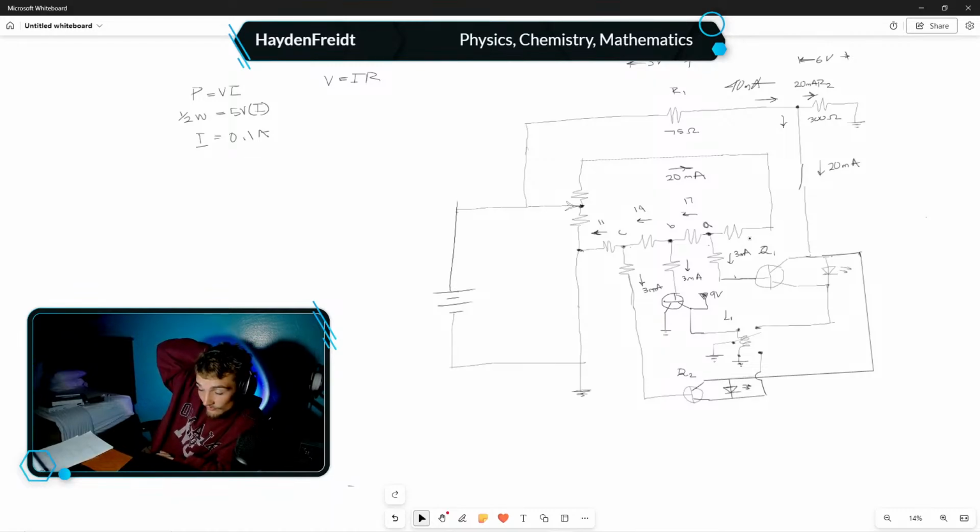Wait, it'd have to be 5 though. Yeah, let's say 5. What's 9 divided by 5? 1.8 voltage drop across each of these resistors. Well, if that's true, what's 1.8 divided by 0.02? 90. That's close enough to 100.